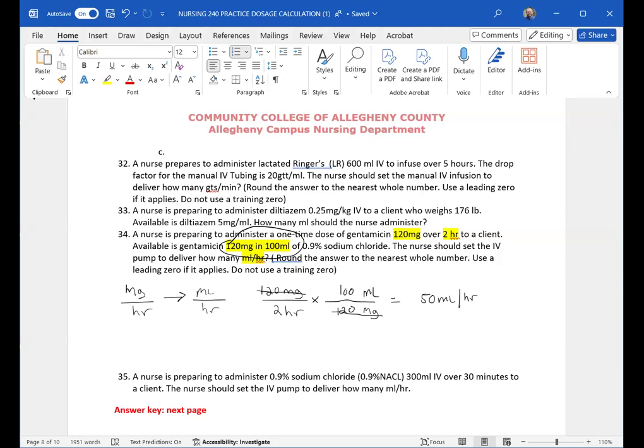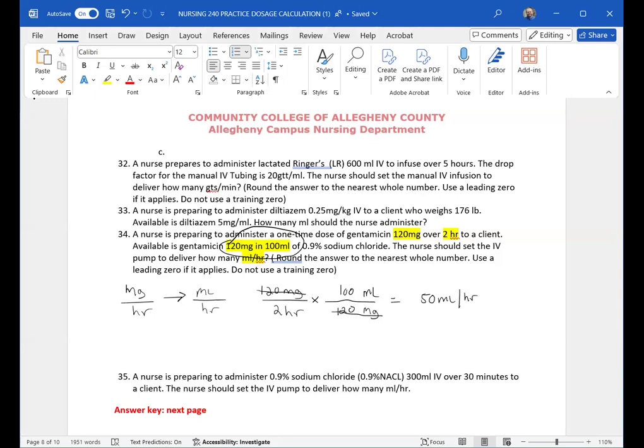So what they're trying to do is get you to work through and problem solve some of these questions where they have extra information. And I like that they tell you to round to the nearest whole number, because some of that is important to know. Like the drops per minute, you already know to round to the nearest whole number.